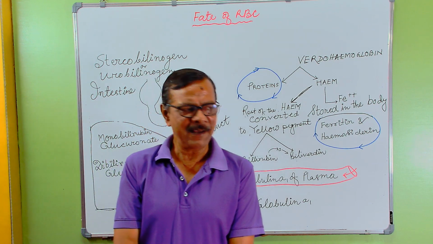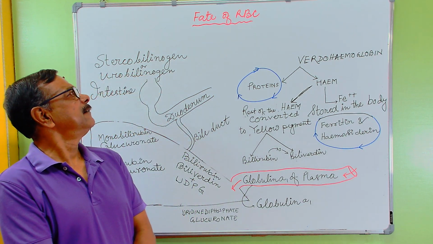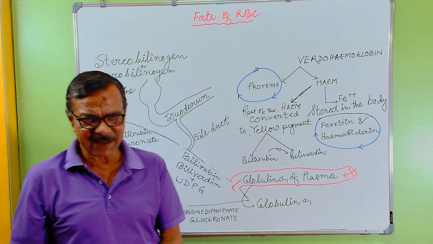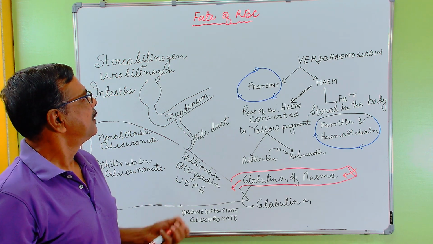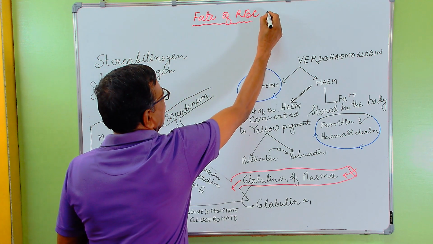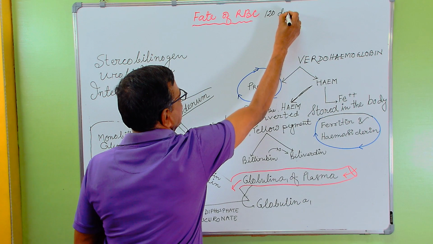Welcome to the biology class. Today our discussion will be on the fate of RBC. We have discussed RBC in detail yesterday, and now everybody knows that RBC lasts for 120 days.